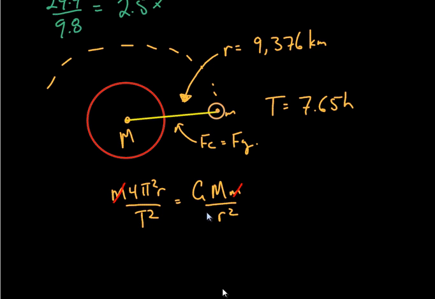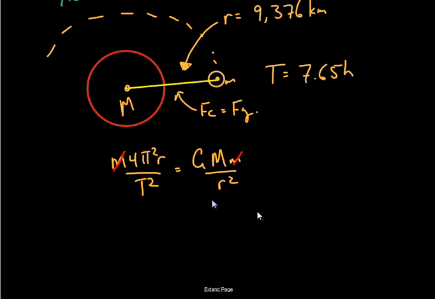Just like that, okay? Now what we want to do is rearrange this so that we can solve for the big M, because all other information is available to us.